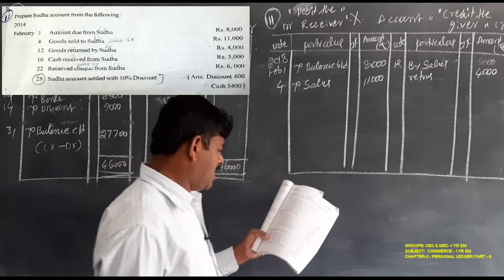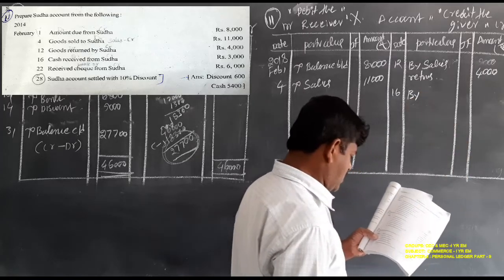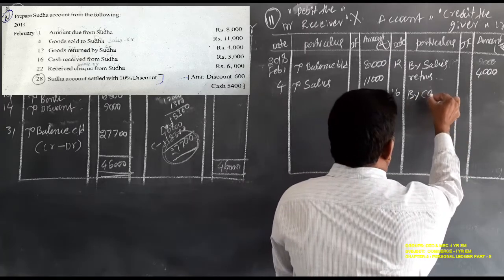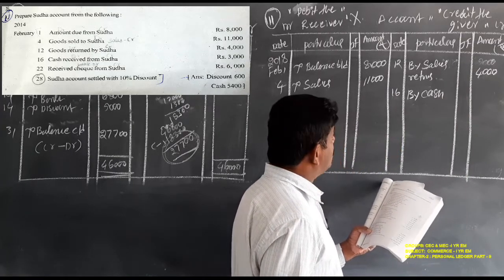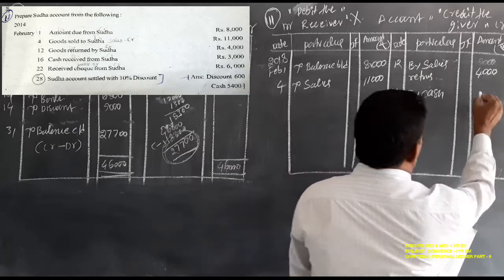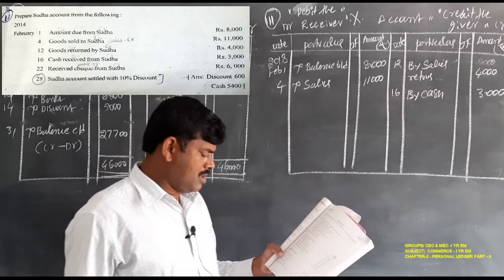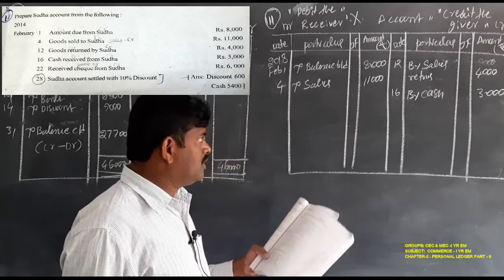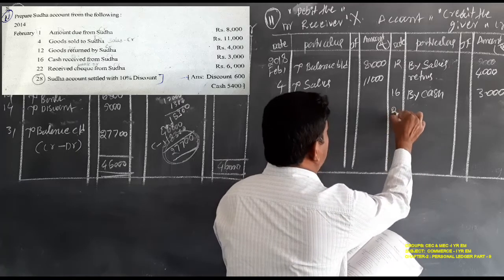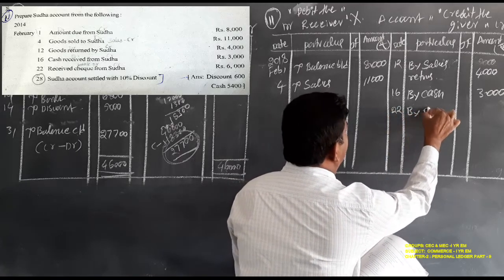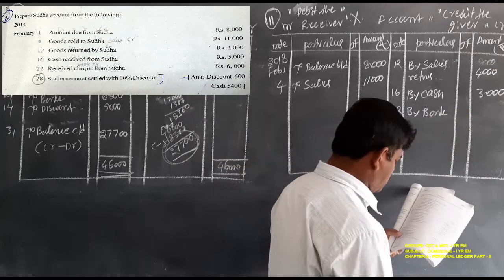Cash received from Sudha, here also Sudha is giver, by cash account. Amount is 3,000 rupees. Next, received check from Sudha is also date 22, by bank account. Amount is 6,000 rupees.